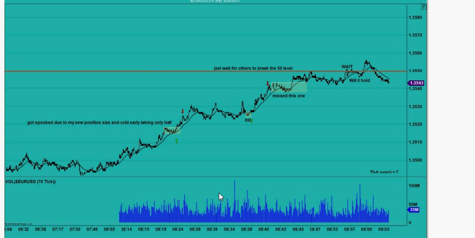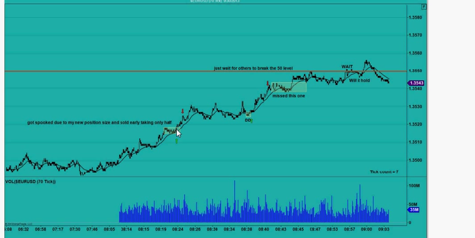Okay, we had several things going on in this chart. I had this small block break here where I entered on a break of this block. I know it's small and compacted. I had to squeeze it up to get all the information in here that I wanted to.